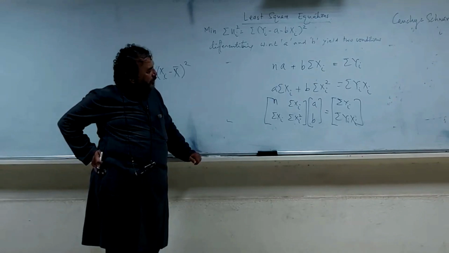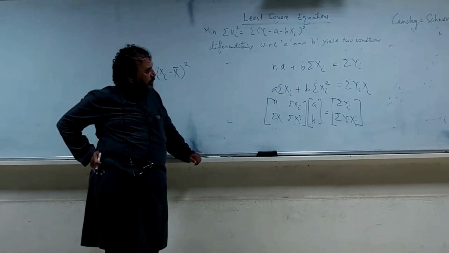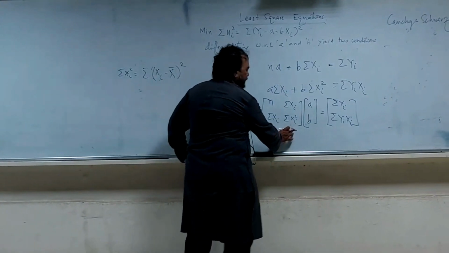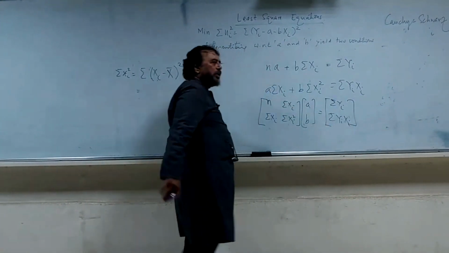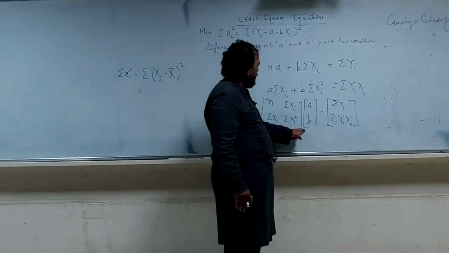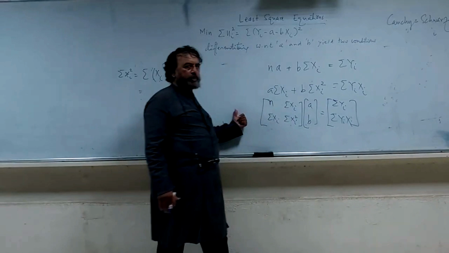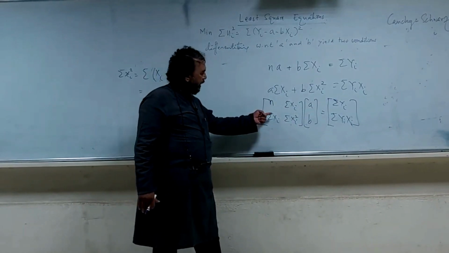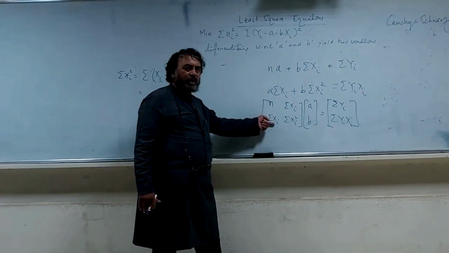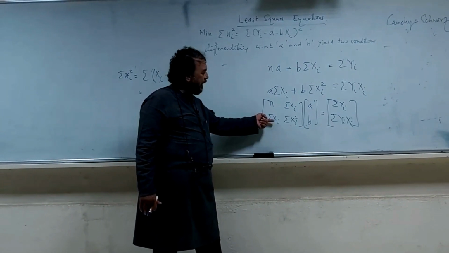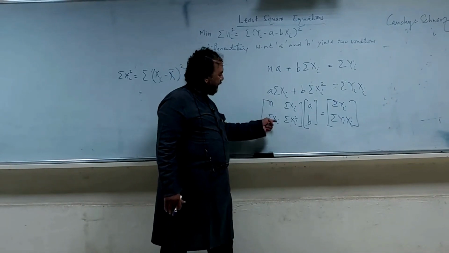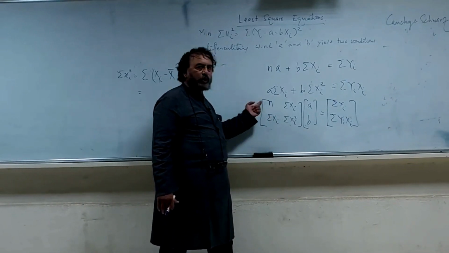So this is a convenient way of looking at it, and as it happens in matrix terminology, if I call this matrix some matrix, this is a matrix of constant coefficients for the equations, so how do I solve for it? Solution for A and B would mean pre-multiplying both sides by the inverse of this. If such an inverse exists, then the inverse of this matrix into this matrix will be 1, 0, 0, 1.